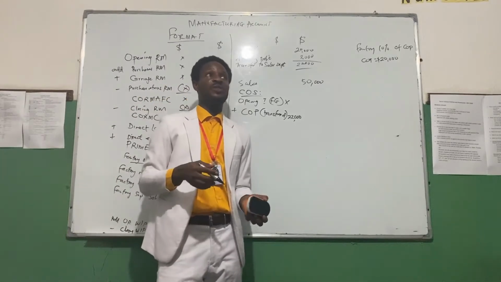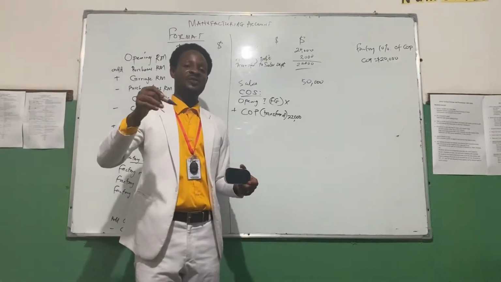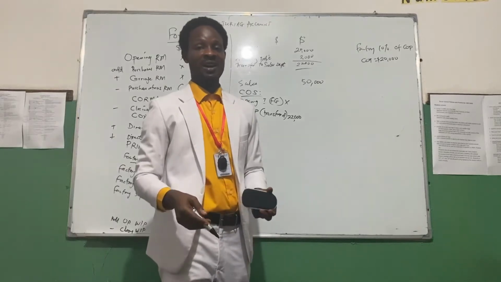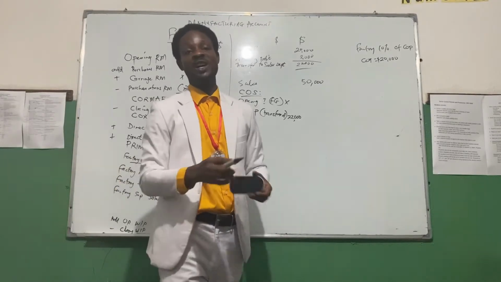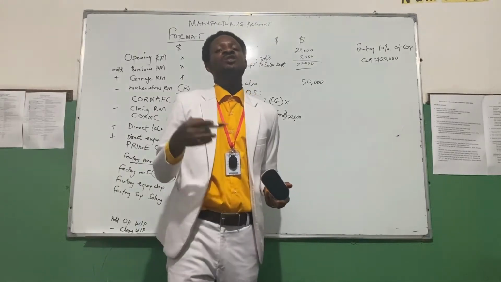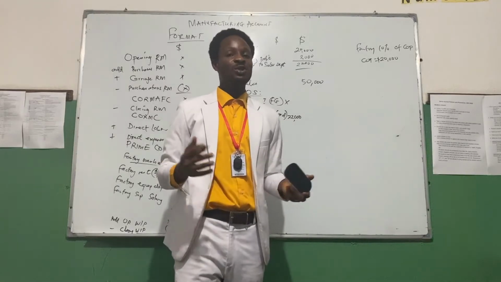You have produced 49,000, and you are not able to produce the remaining 1,000, and the customer needs it today, otherwise the customer won't buy anything from you. It is in that instance that you can now buy finished goods from a competitor. Do you get it? Just to make up.